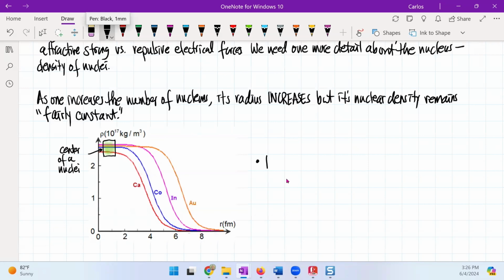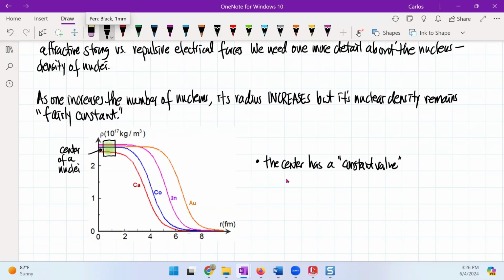I would say that the center has a constant value. It's not exactly right, but you can see that there are four: calcium, cobalt, iodine, and gold.